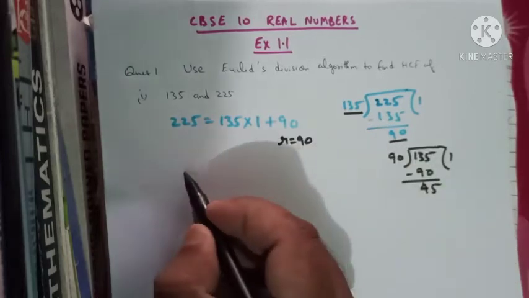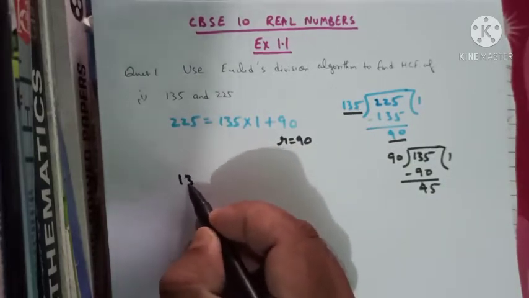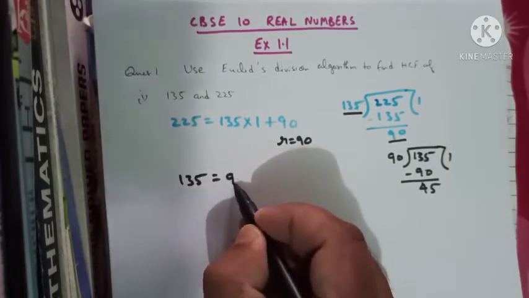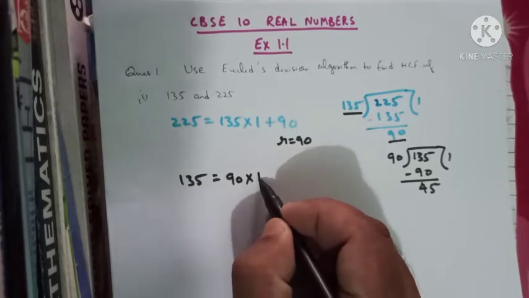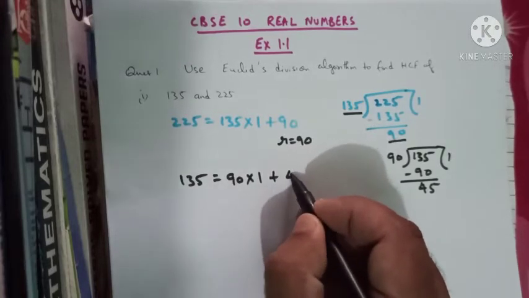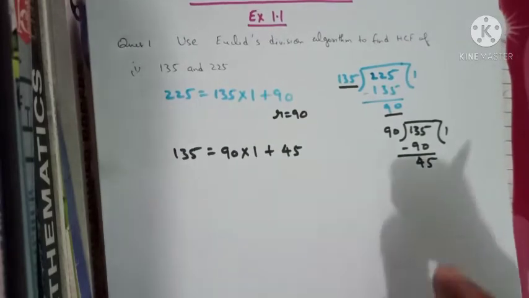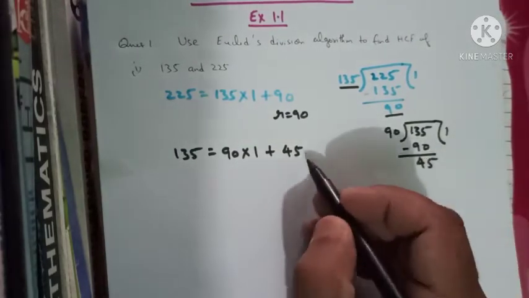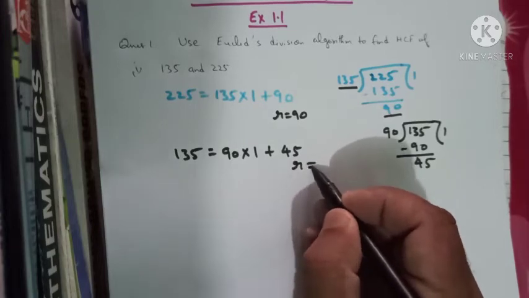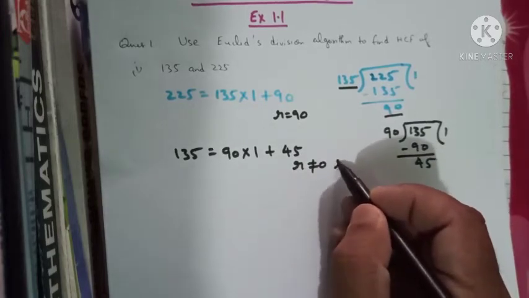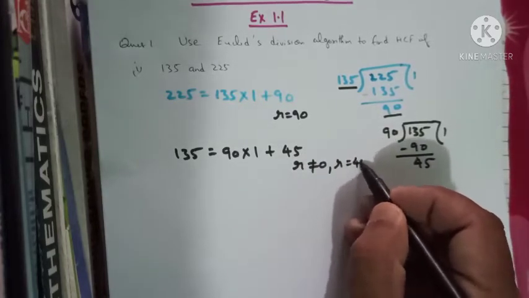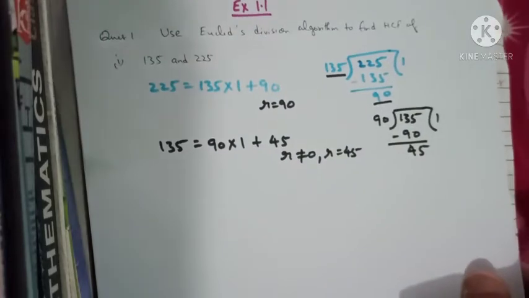So it will be written as dividend 135 is equal to divisor 90 times quotient 1 plus remainder 45. Again in this step also the remainder is not equal to 0. Remainder is 45, not equal to 0. So that means we have to proceed further.